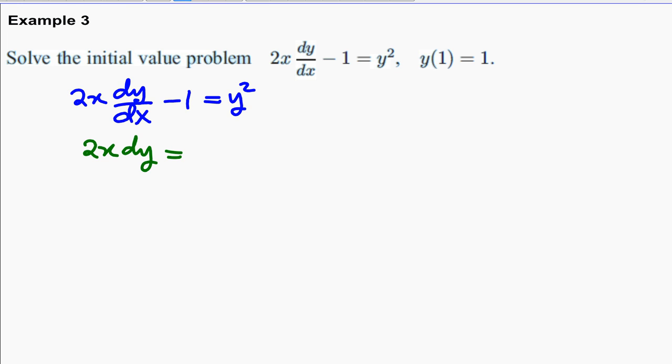Now actually I can rearrange this to 2x dy over dx is equal to y squared plus 1. Then I can multiply the right hand side by dx, so move dx to the other side.